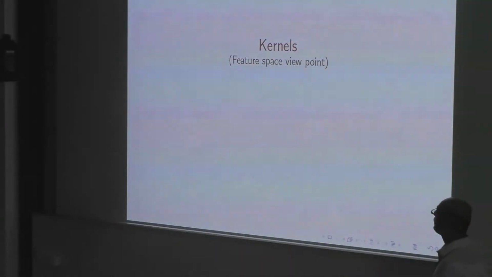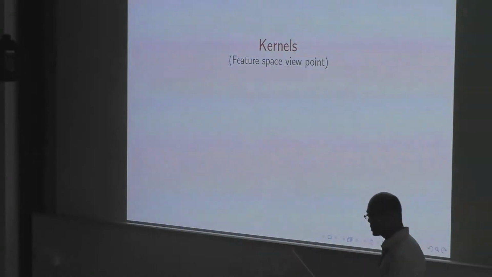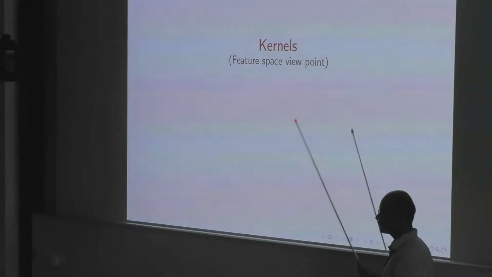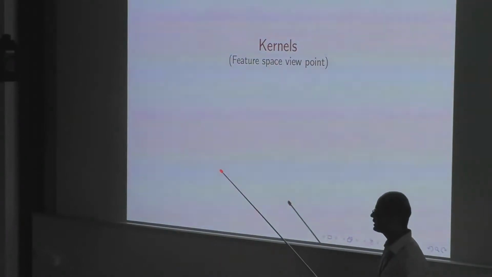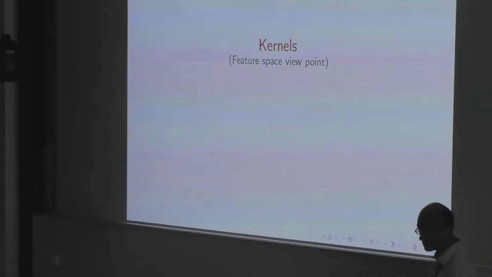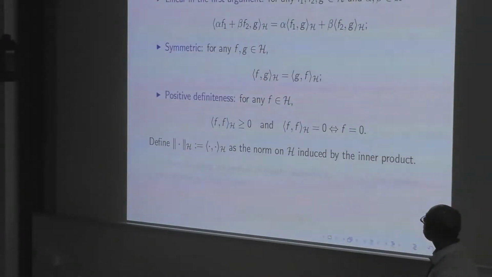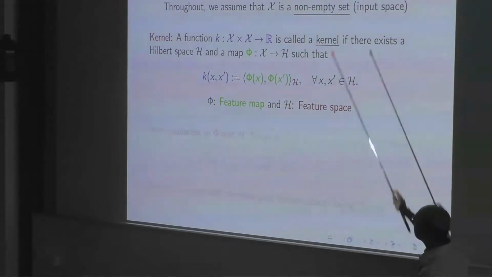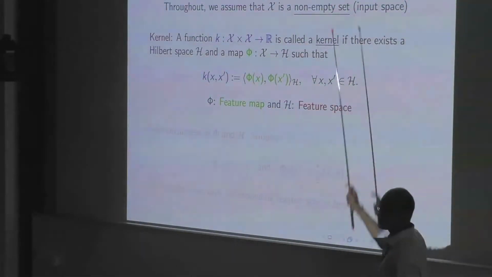Okay, so now let's dive into the first topic. I have said, okay, you have the function space and the feature space point of view. Now I'm going to talk about the feature space point of view. The discussion that I'm doing here is completely based on chapter 4 of this book.